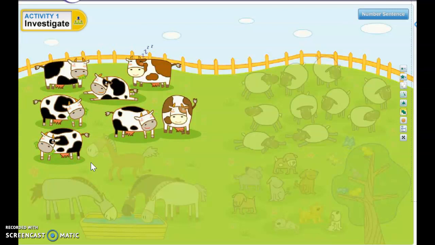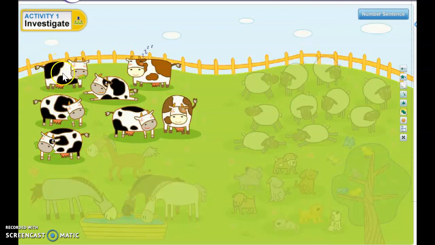I'm going to use the example in this one about the cow that's laying down versus the cows that are standing up. So if I were telling a story, I might say, one day I walked on to the farm and I saw some cows. I noticed that some cows were standing and some cows were laying down.